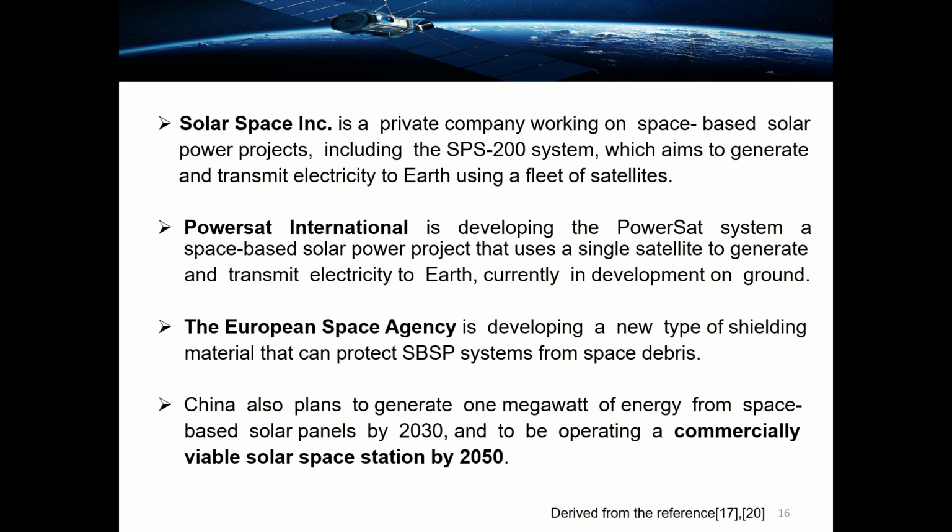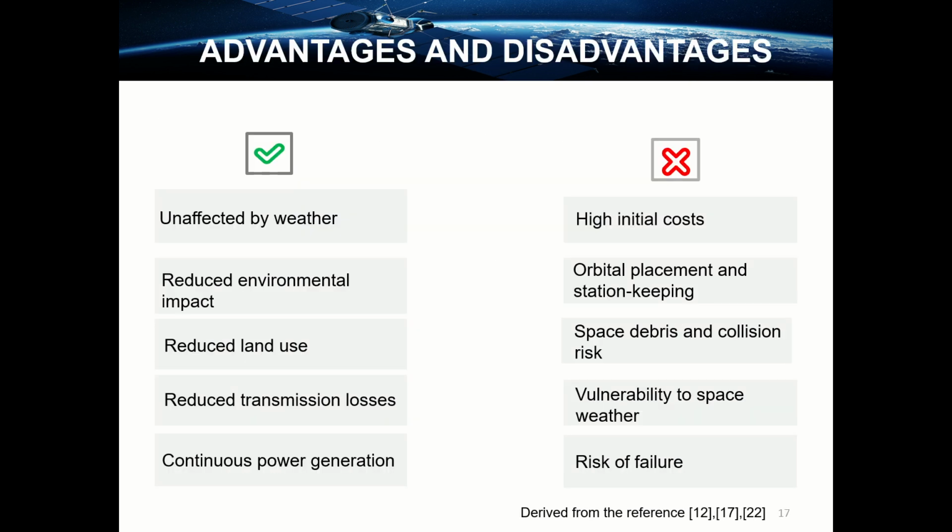China also plans to generate 1 MW of energy from space-based solar panels by the year 2013 and to be operating a commercially viable solar power station by the upcoming year 2015.